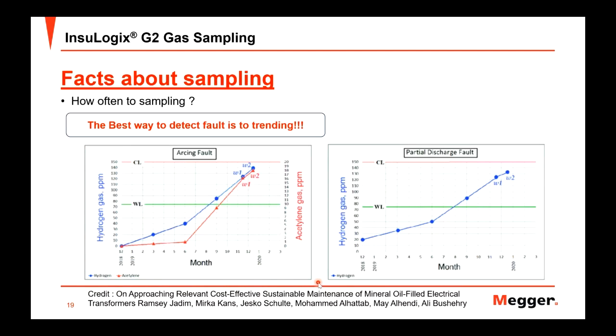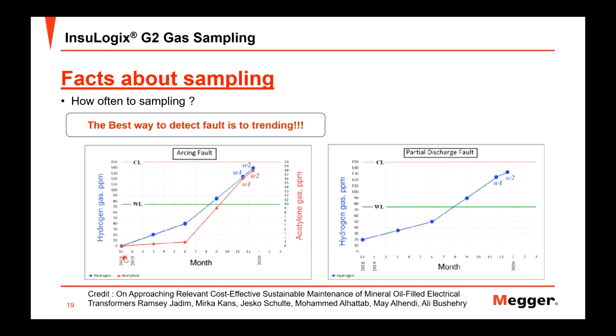This is an arcing fault here. On the x-axis is the timeline, and the y-axis is the concentration of the gas. In this case, it is the hydrogen and the acetylene here. You can see the development.